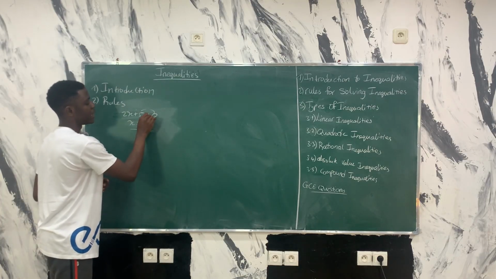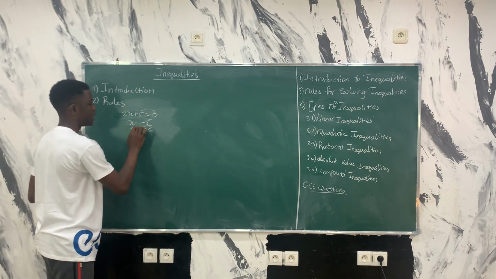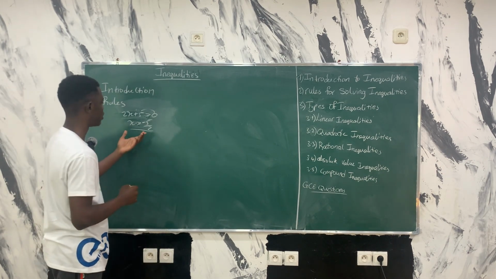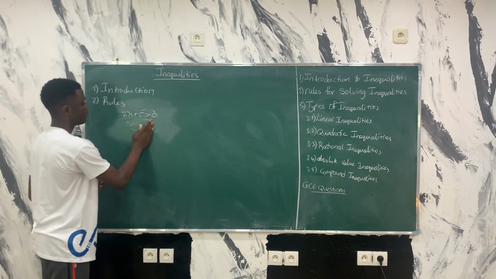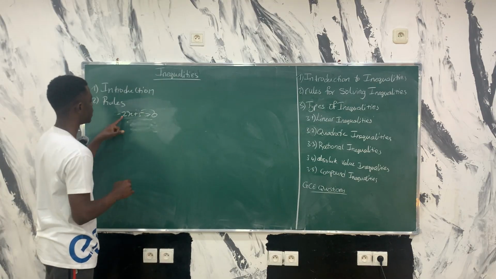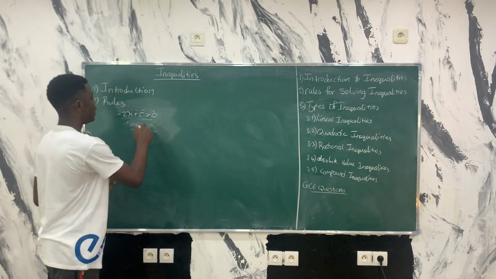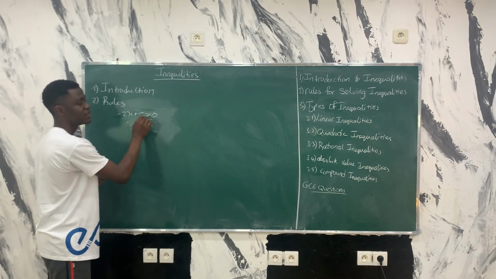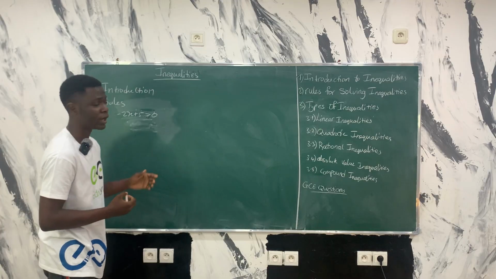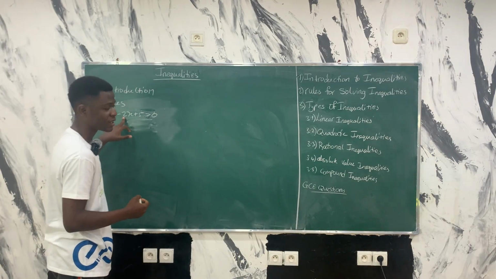If it was greater than here, I would have had greater than here too. This would have been my value of x. But I cannot keep the sign the same if I divide all through by a negative number. If I divide all through by negative 2, the sign will have to change.